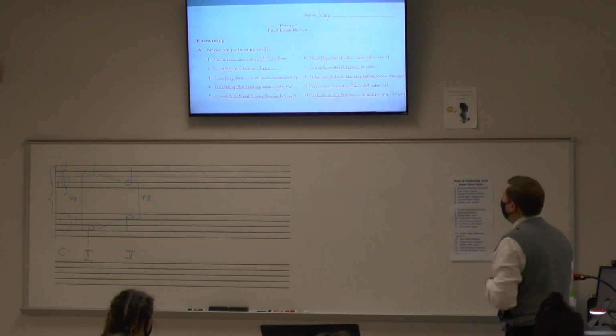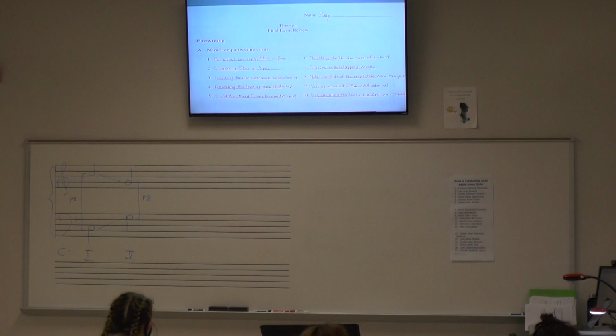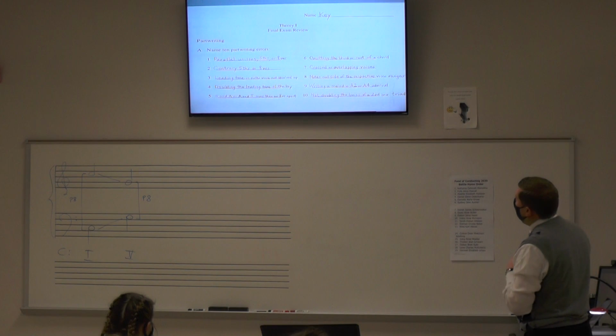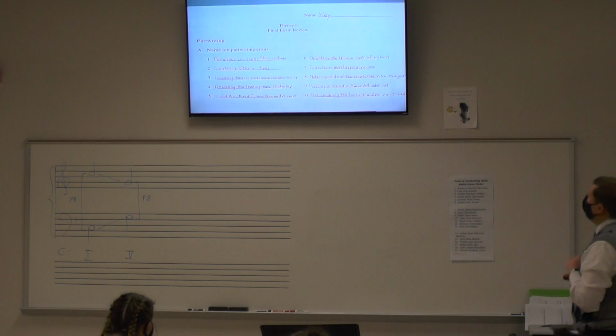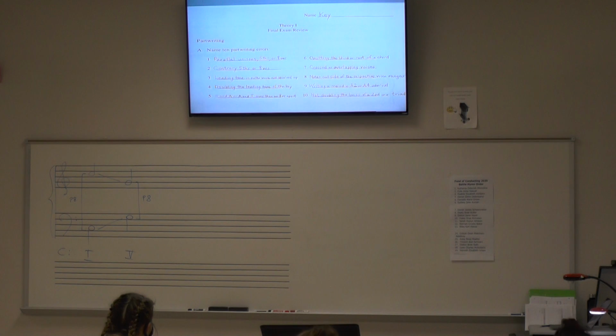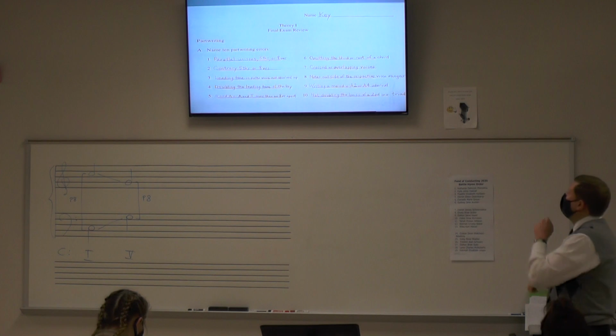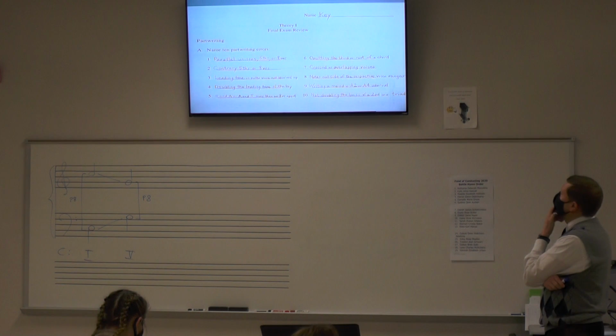What we talked about is number 3 already. Number 4, doubling the leading tone of the key. That's always a no-no, so that would be an error. Number 5, your soprano and alto or your alto and tenor are more than an octave apart. They are never permitted to be more than an octave apart. Even an augmented octave or something really close to an octave, like a minor ninth, is not supposed to go past that limit.